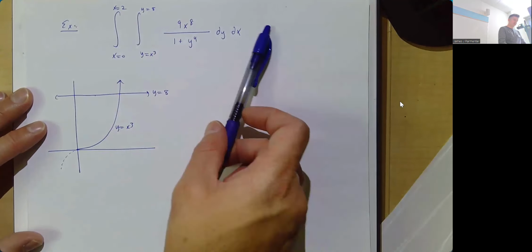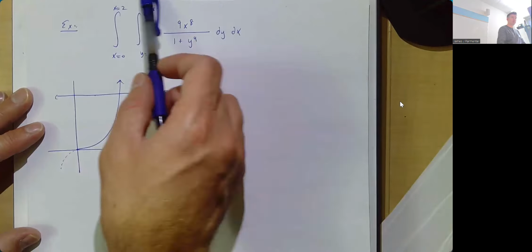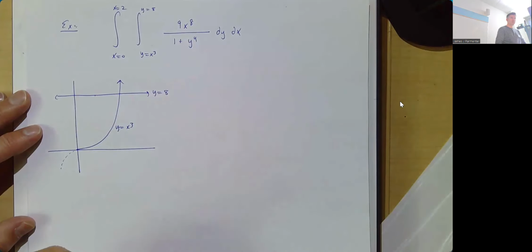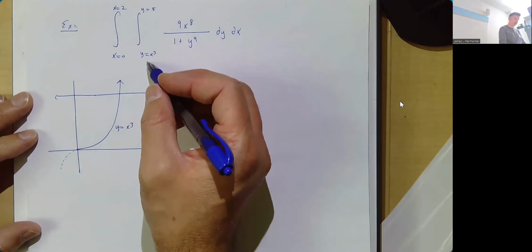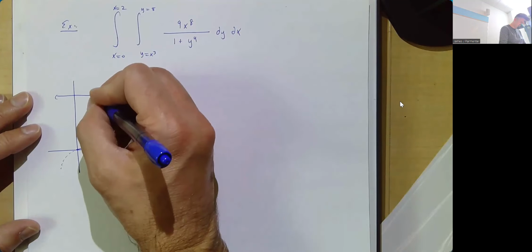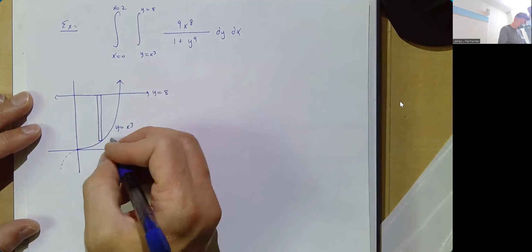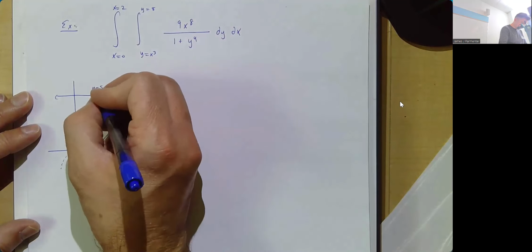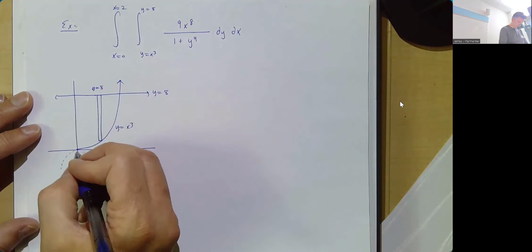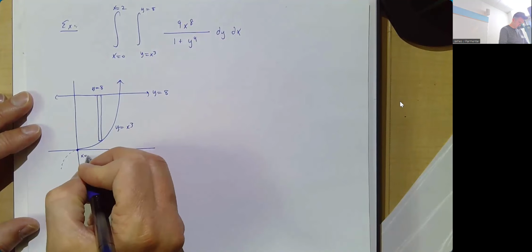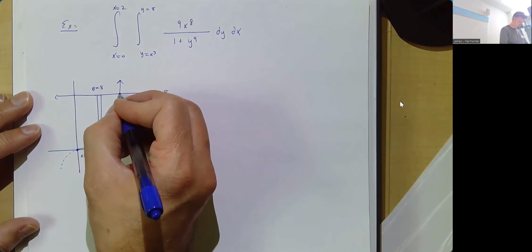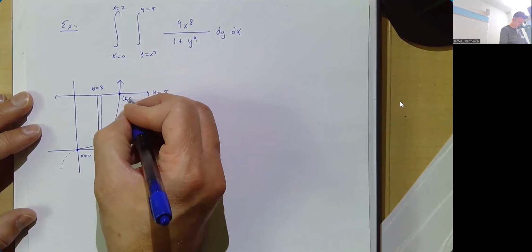Does this integral use vertical strips or horizontal strips? Yeah, it uses vertical because you're going from y equals to y equals. So we've got our vertical strips from y equals x cubed to y equals 8. And then we're going as far left as x equals 0, and as far right as x equals 2, which is undoubtedly where those two things intersect.